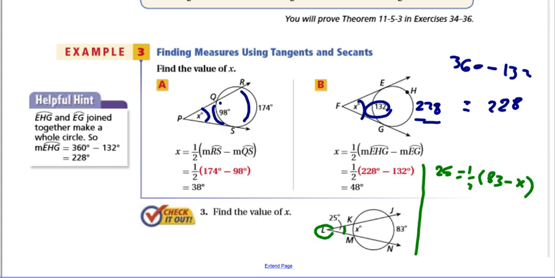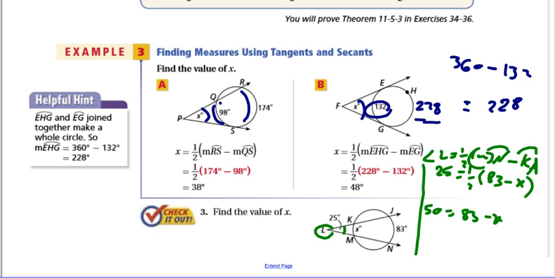Angle L equals half the measure of arc JN minus the measure of arc KM. So 25 equals half of 83 minus x. Multiply by 2, so it will be 50 equals 83 minus x.